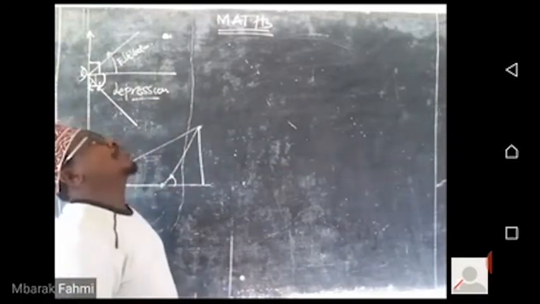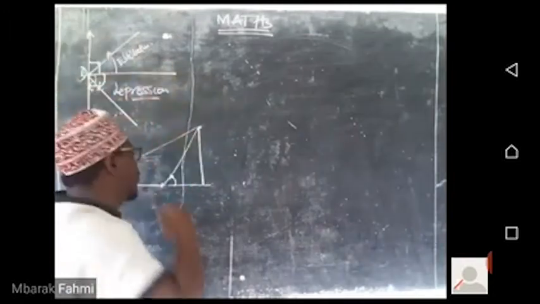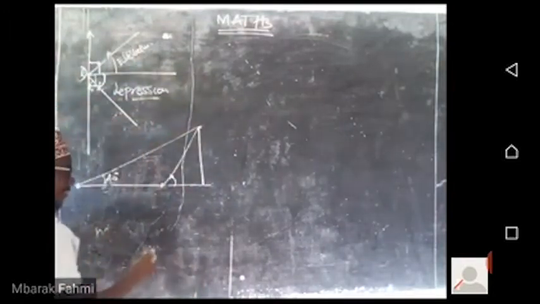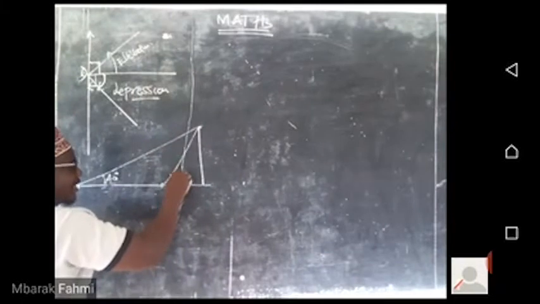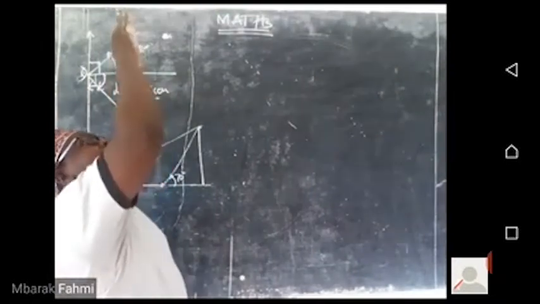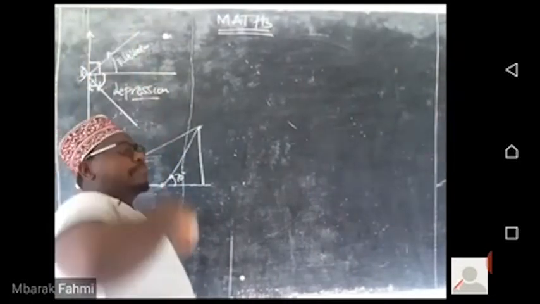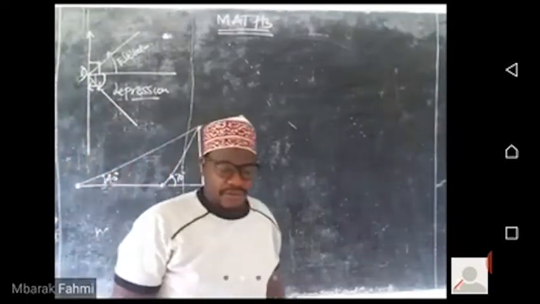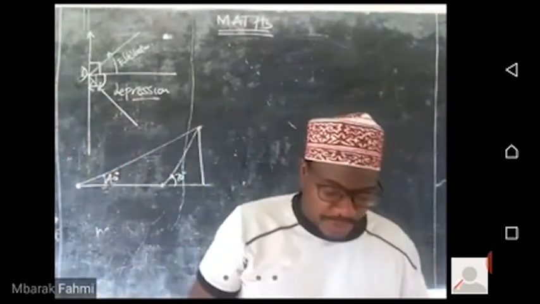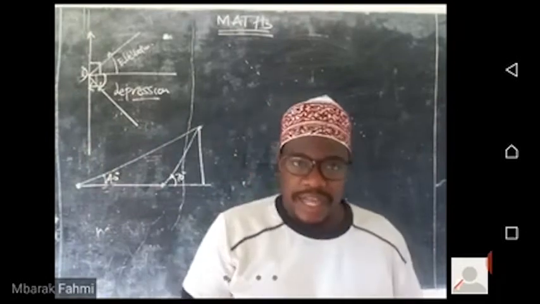The more you tilt, the greater the angle becomes. For example, here it can be even up to 70 degrees. And when something is directly upward, that will be 90 degrees. I hope you have understood.